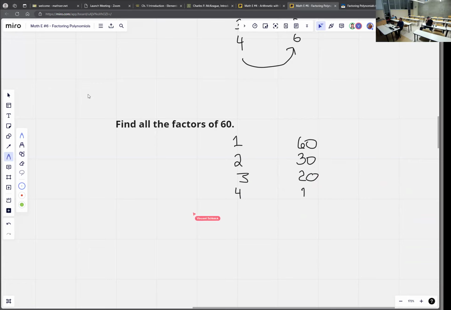Sure. How about 5? Yes. Okay, 6, wait, 10. 7. No, it's not going to. 8, no. 9, 6 plus 0 is 6. 9 doesn't go into that. And then we're back to 10.